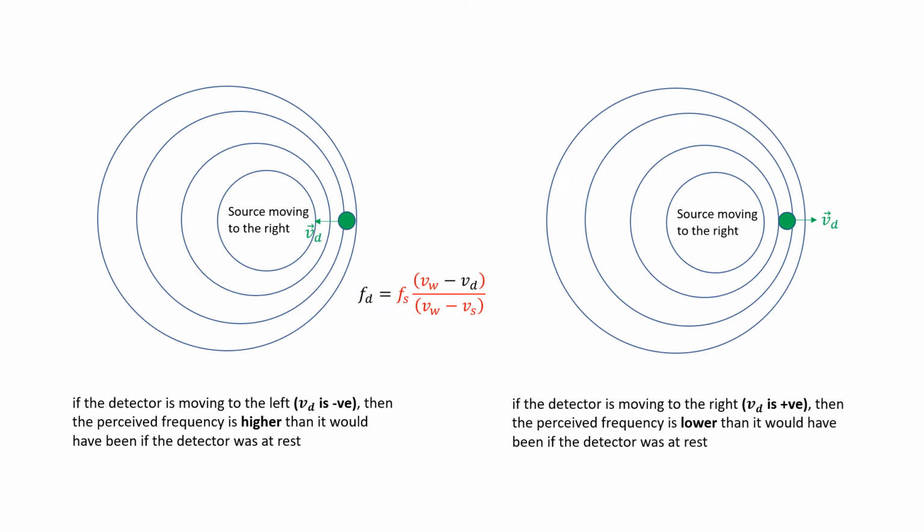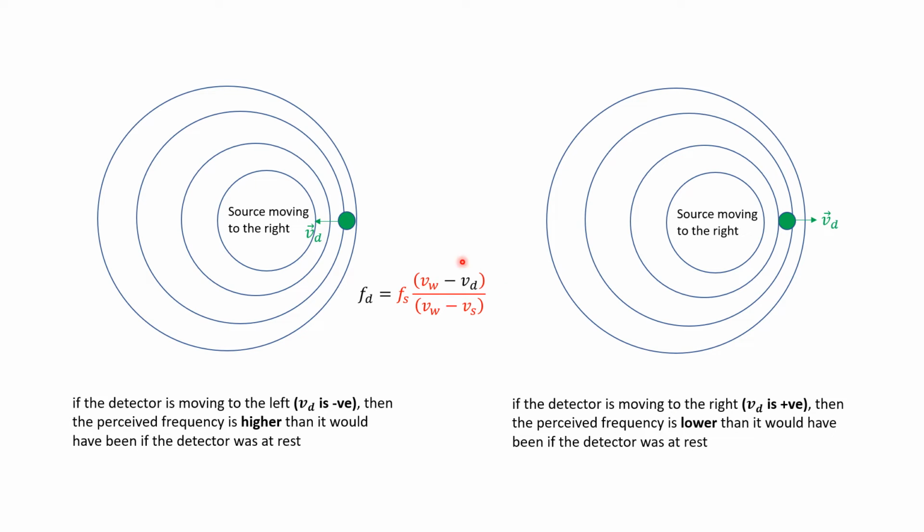So as I said previously, this formula takes into consideration all the possibilities, whether the detector is moving to the left or to the right. For instance, here we have two situations where the source is moving to the right. In the case where the detector is moving to the left, the frequency is higher, and when the detector is moving to the right, the frequency is lower. This is just an image that shows that.